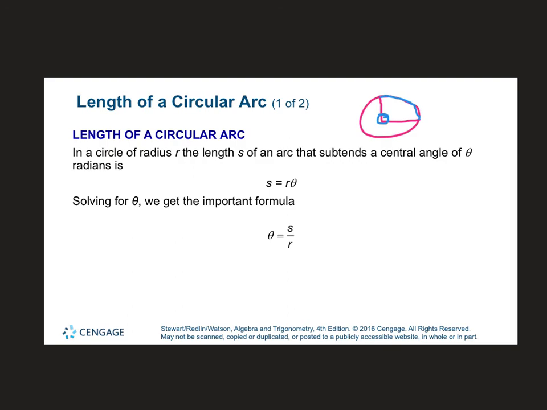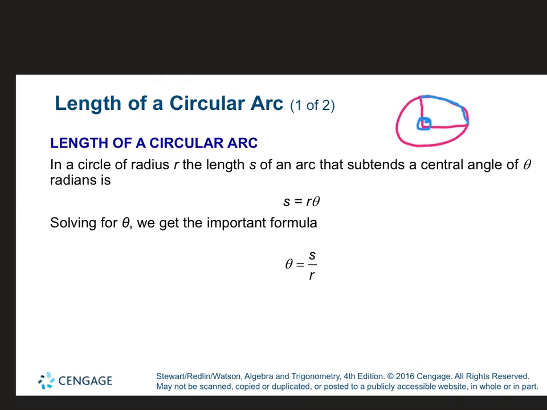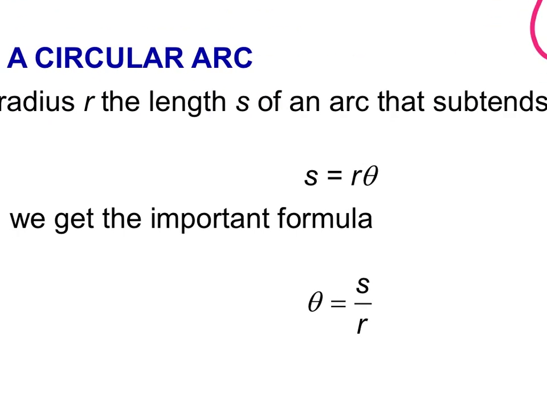So when I look at this formula, it says S equals R theta. That doesn't really mean anything to you guys. S is the arc length, the length of the arc. Theta is your central angle, the angle that they gave you. And R is the radius. You guys know what R stands for, radius.